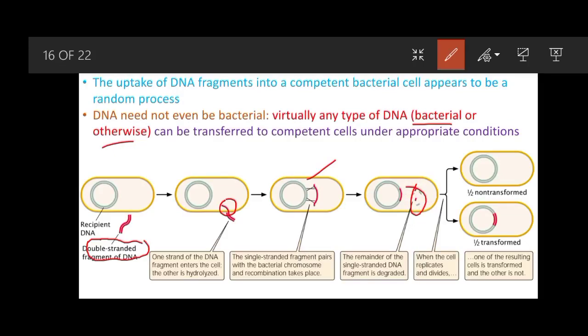When this cell further divides into two daughter cells, one cell becomes recombinant because it now contains the new DNA, but the other cell remains the non transformed or non recombinant cell. In this way, DNA is transferred to the bacterial cell, and this is the process of transformation.